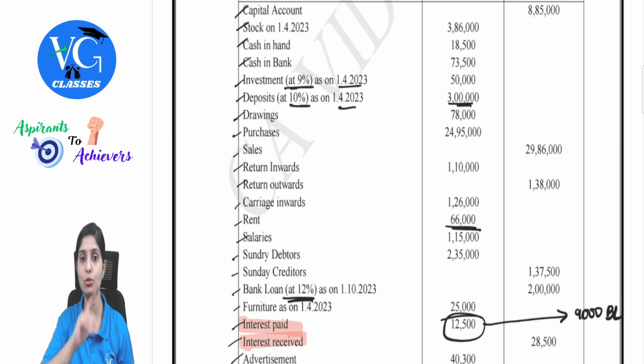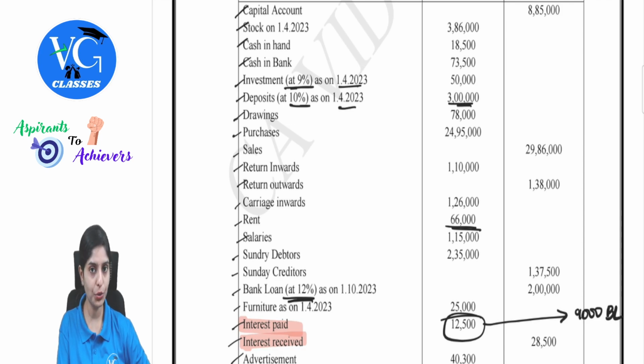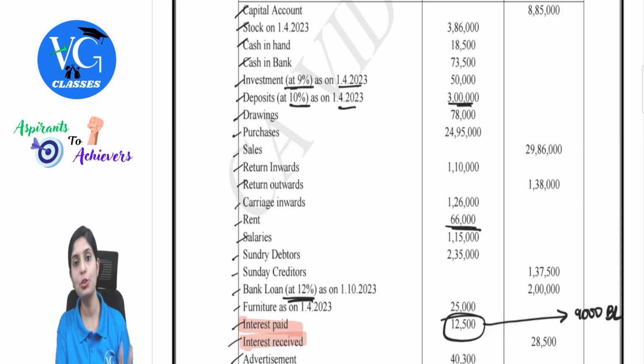Understand this carefully, guys. Do not get confused. Interest paid will not only represent total bank loan interest, that is why the total interest paid is 12,500. 9,000 is representing the bank loan. So, don't you think 3,000 is yet to be recognized, which is not at all shown?